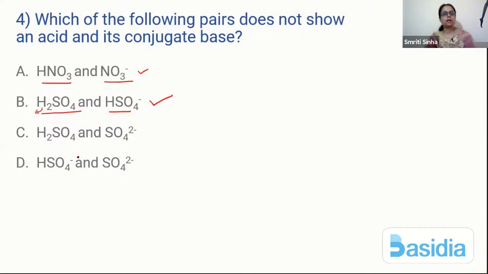So it is also a correct pair. Okay, next, H2SO4 donating both the H and forming SO4 2 minus. In the last class we have studied that a conjugate acid base pair is a pair which differs only in one H plus, not in two, and here it is differing in 2 H plus, and therefore it is the wrong pair. That is, option C is correct.